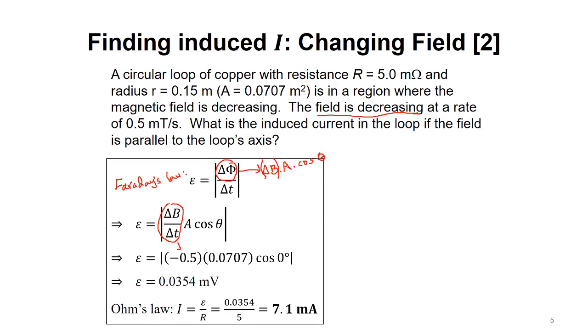Now let's plug in our numbers. We already know what delta B over delta T is. We know what the area is. We know what the angle is. You plug in these numbers, and you get an EMF of 0.034 millivolts.